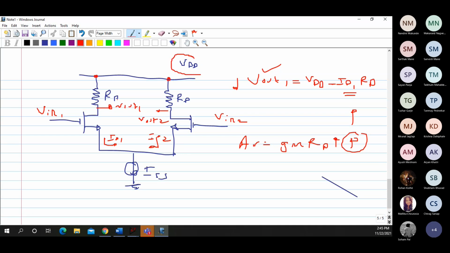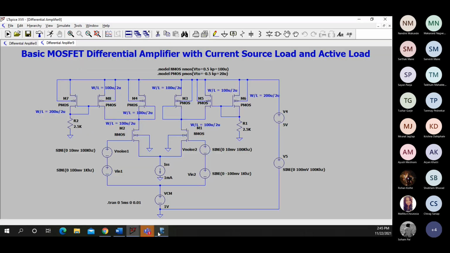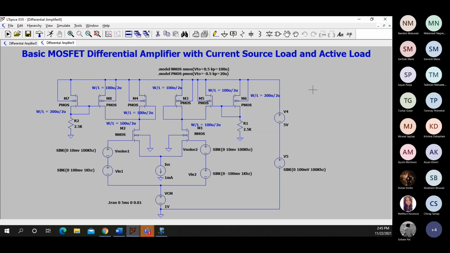That is, it cannot increase beyond the value of VDD. So somebody suggested, can we have a circuit where we keep the value of the current the same, but increase the value of the resistance?